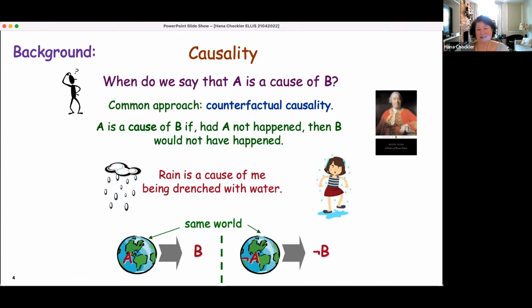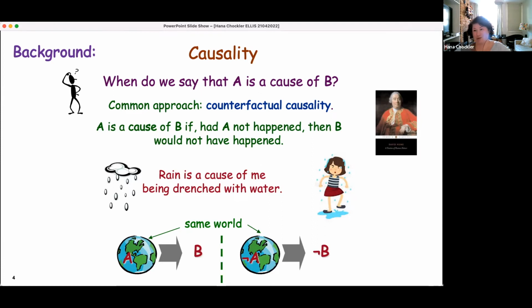And in a little bit less hand-wavy way, which is also, I think, going into the territory of Lewis, who was another philosopher in the 20th century, 1970-something. It's still hand-wavy, right? We're still not in the area of formulas. So the definition would look something like this: we have a world in which A happened, it rained, and I'm wet.